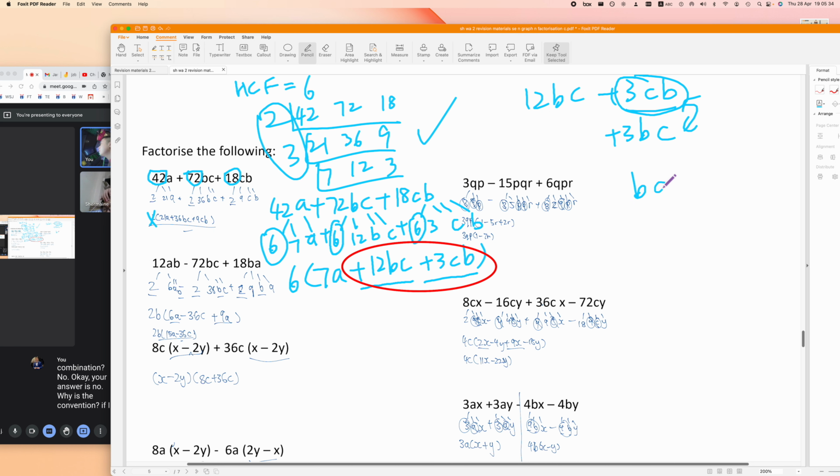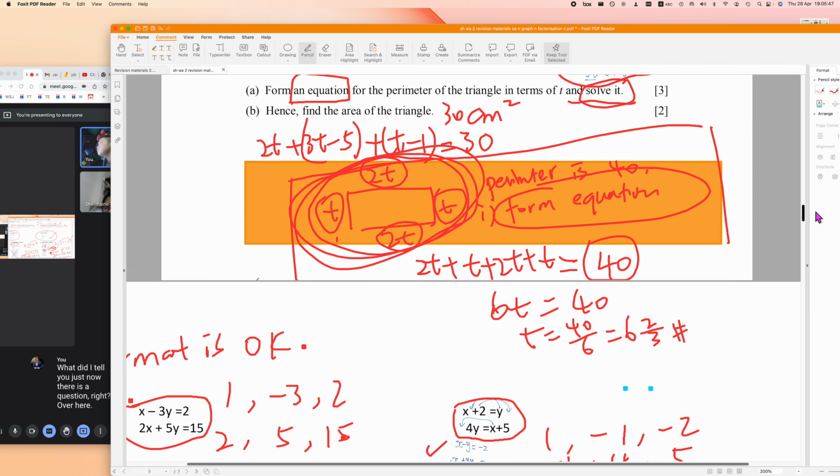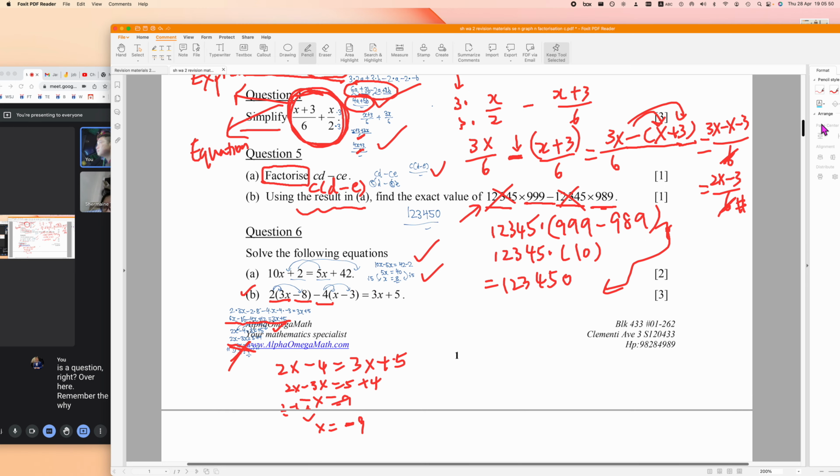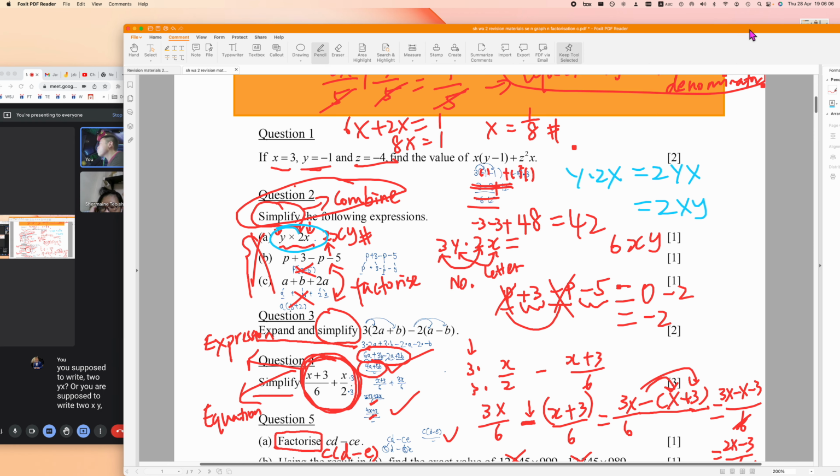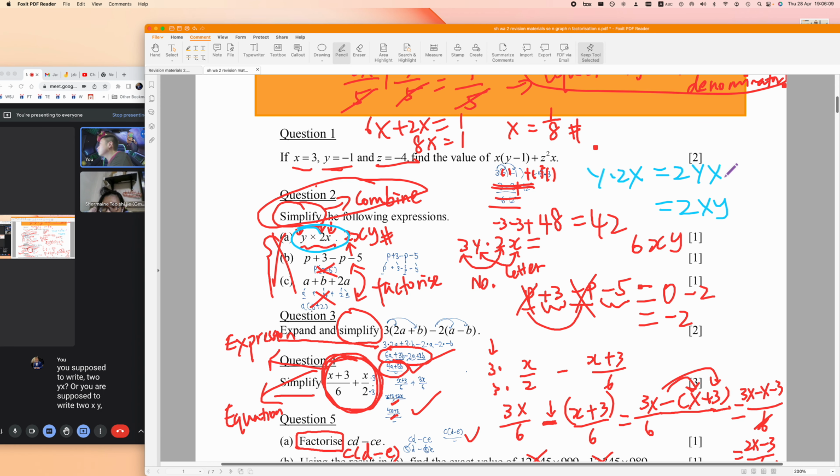If I give you BA, are you supposed to write it AB? Why not? What's the convention? What did I tell you just now? There is a question over here, I remember the Y something one. They give you Y times 2x, so you end up with 2yx. Are you supposed to write 2yx or 2xy?